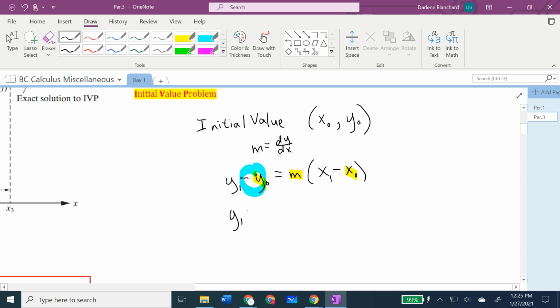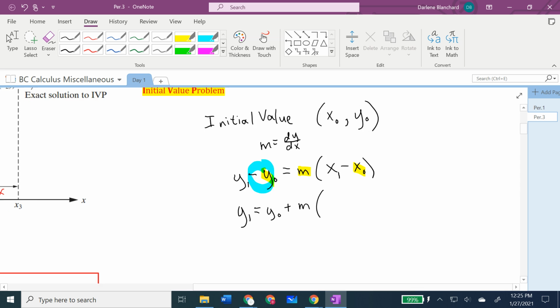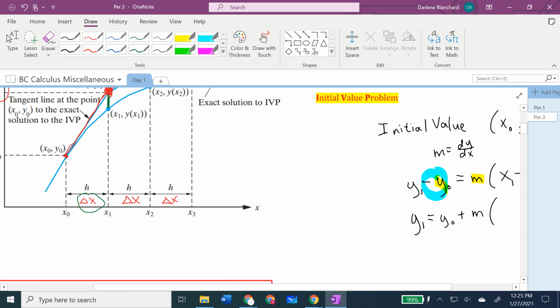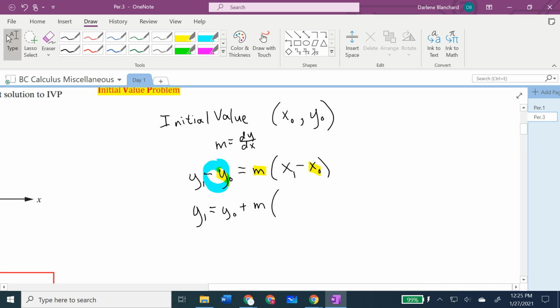So my first iteration's y value is equal to my initial y plus the slope times, and what is x1 minus x sub 0? The step size, the delta x.